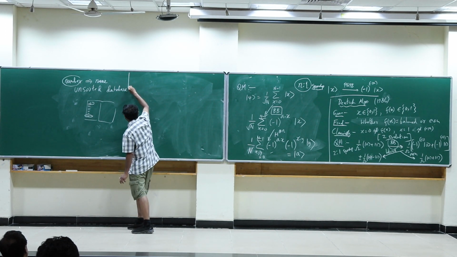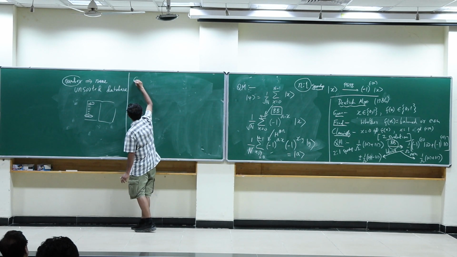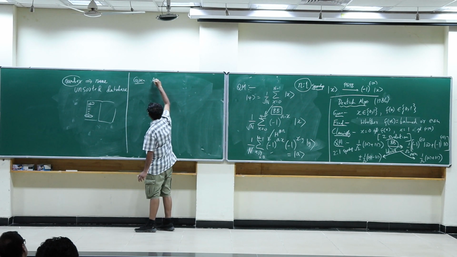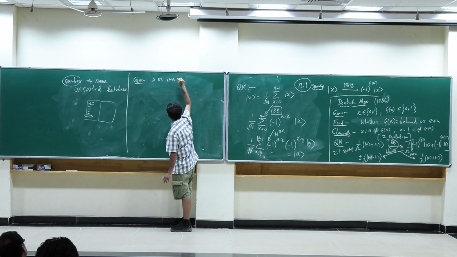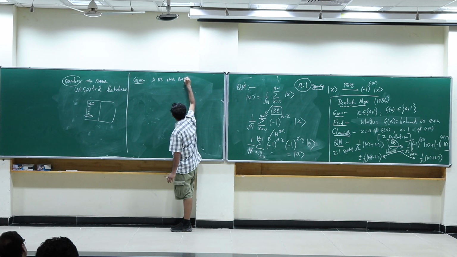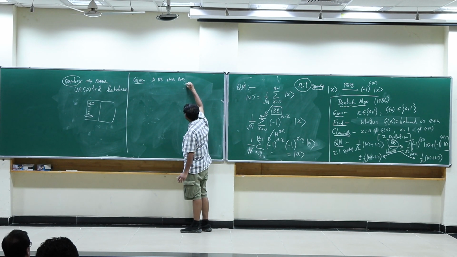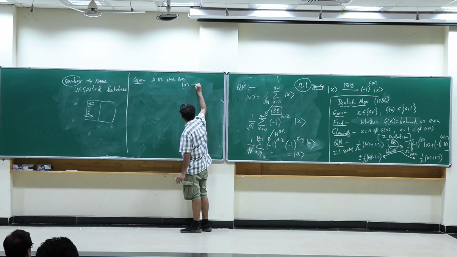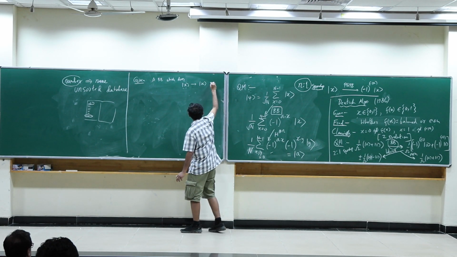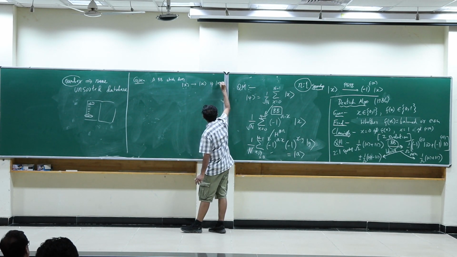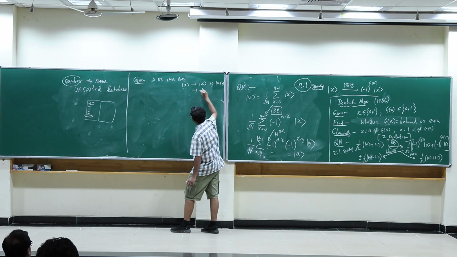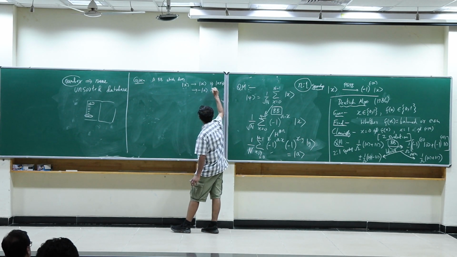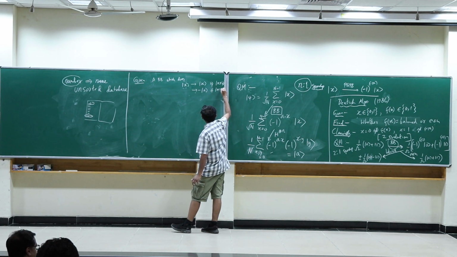So let me write the problem properly. Given a black box which does: x goes to x if x not equal to m, and goes to minus x if x equals m.